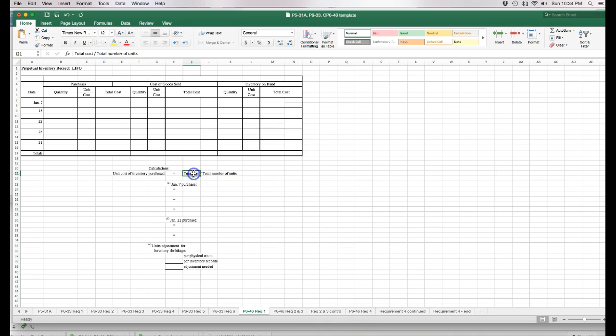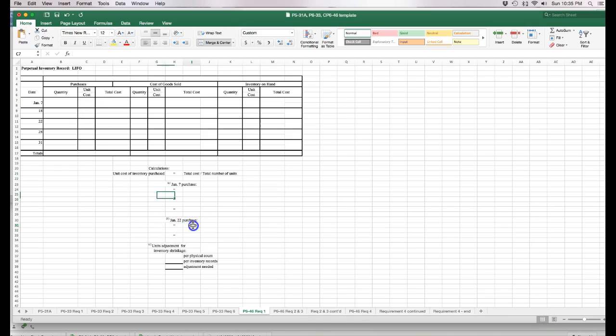But I want to point out and really strongly urge you to know that you need to add in the freight in of $80 for the total cost. So your total cost is going to be 1,680 plus the $80, and then divide that by the total number of units to get your unit cost that you're going to be using up here. So that's for the January 7th.